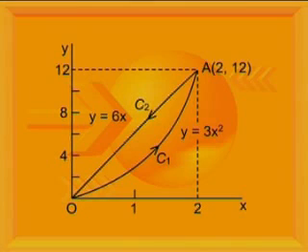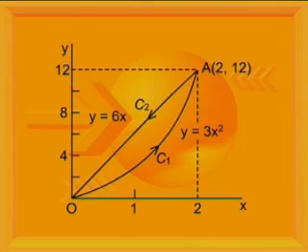So we have y is equal to 3x square, which is a parabola, and y is equal to 6x, which is a line. Solving them simultaneously, these curves will meet at the point 0, 0 and at the point 2, 12.